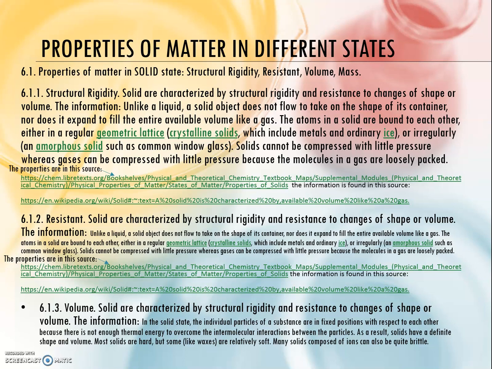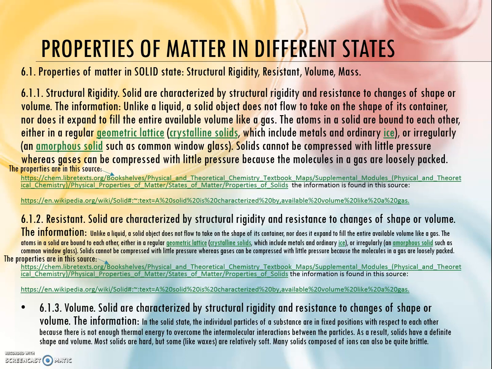In the solid state, the individual particles of a substance are in fixed positions relative to each other because there is not enough thermal energy to overcome the intermolecular interactions between the particles.